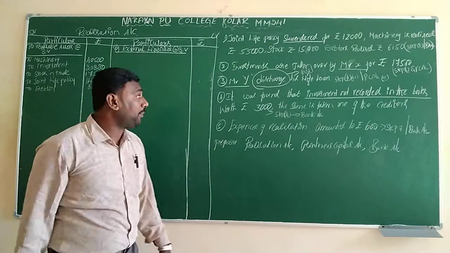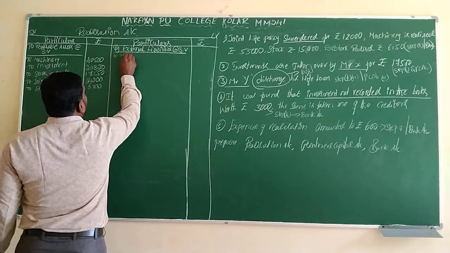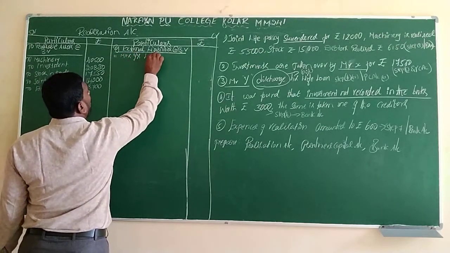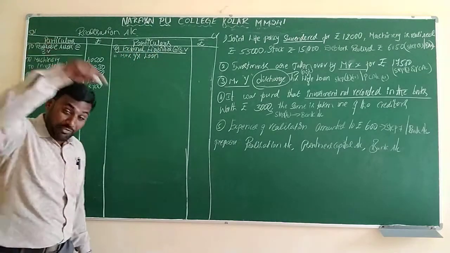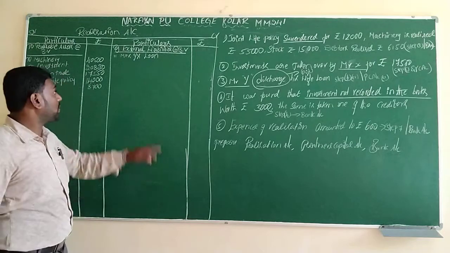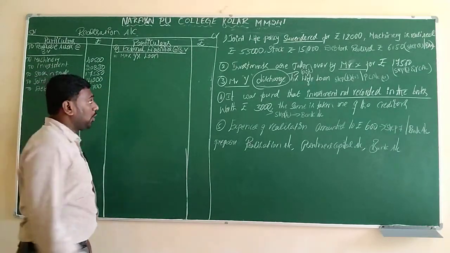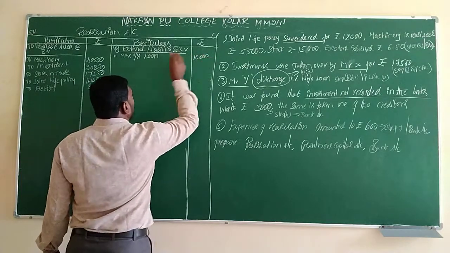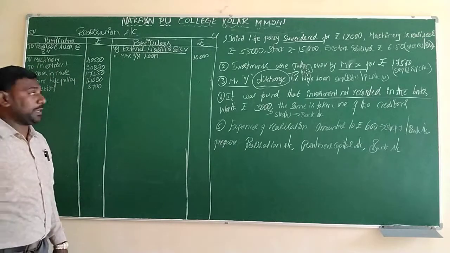Number 1, by Mr. Y's loan. Mr. Y's wife also gave a loan to the company, so that will be considered Mr. Y's loan. The value of the loan is 10,000. This is a liability because Y is the partner, Y's wife is not a partner.